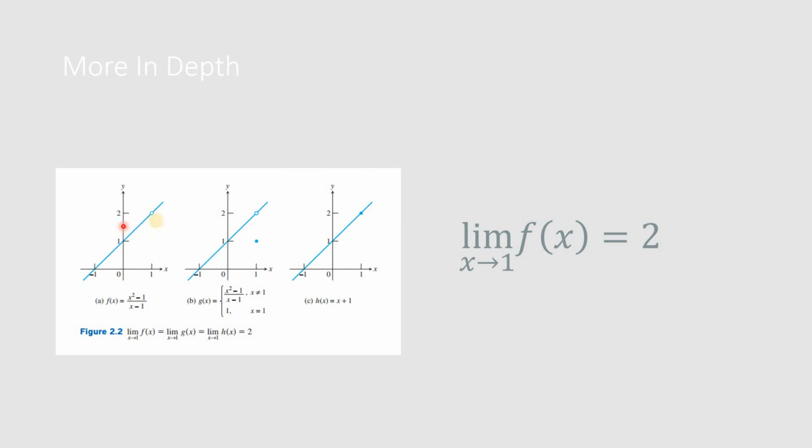So let's take a look at these 3 graphs right here. We have f of x equals x squared minus 1 over x minus 1. Well, if you notice, at a certain point here, there is a little hole. So if we try to plug in the number 1 for x into our original equation, we'd be dividing by 0 here.